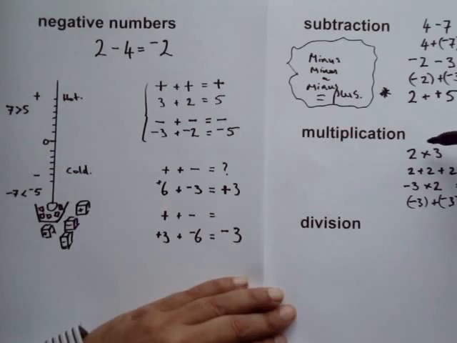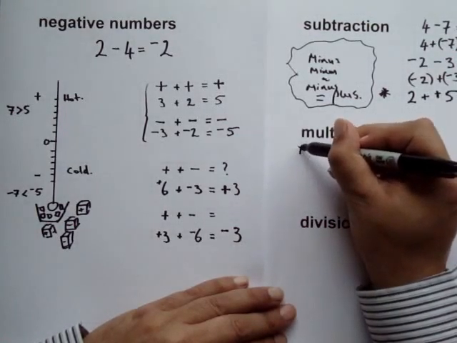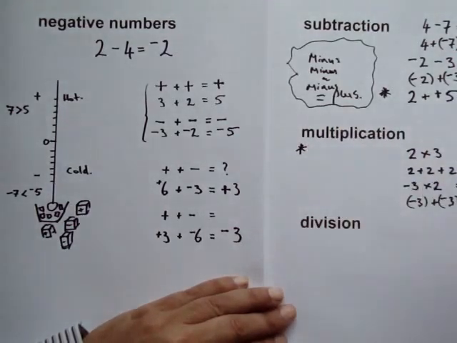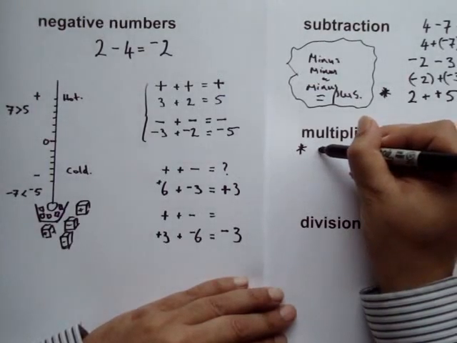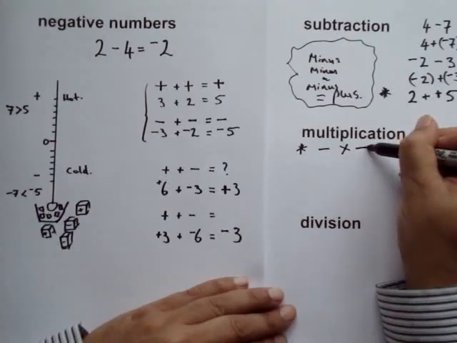So a positive number multiplied by a positive number gives you a positive number. A negative number multiplied by a positive number gives you a negative number. Now what happens when we get, let's put a little star by this because this is an important one you have to remember, a negative number multiplied by a negative number.